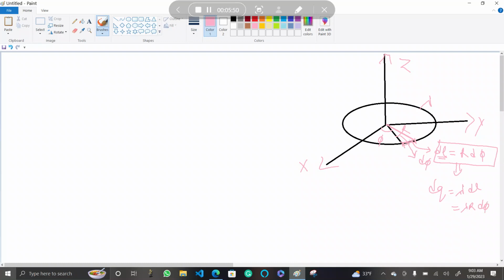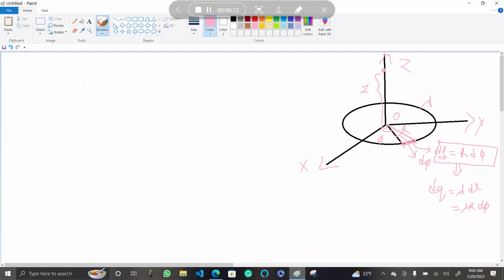So the principle is: to calculate the electric field at a distance g above the origin, which lies at the center of the loop, we calculate the electric field because of that small element, and we integrate over the whole length of the loop.